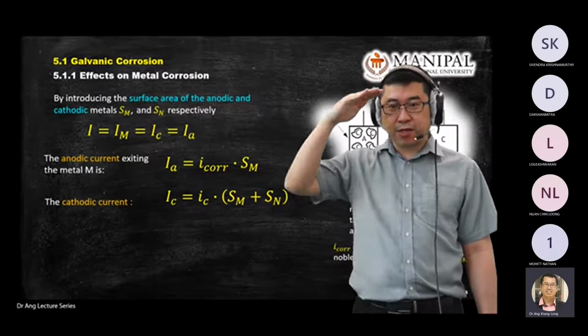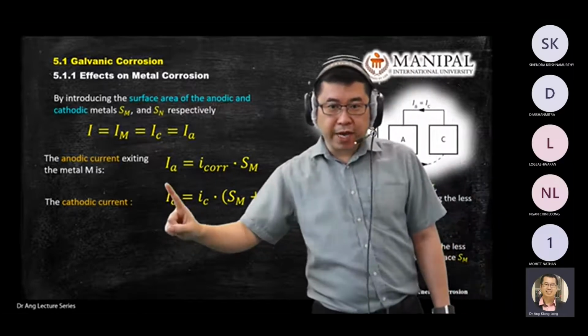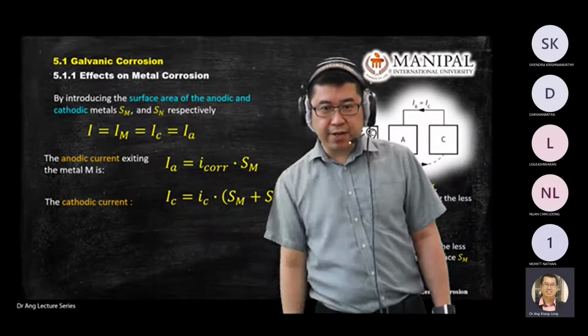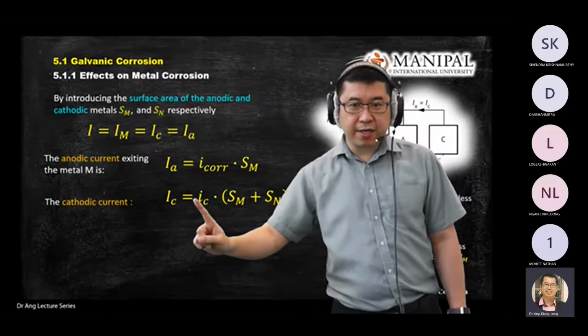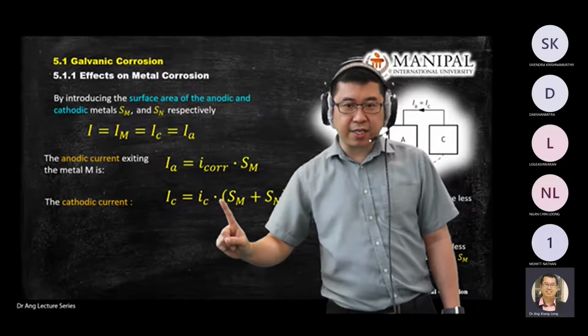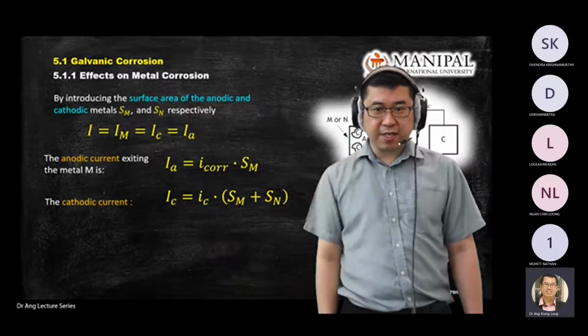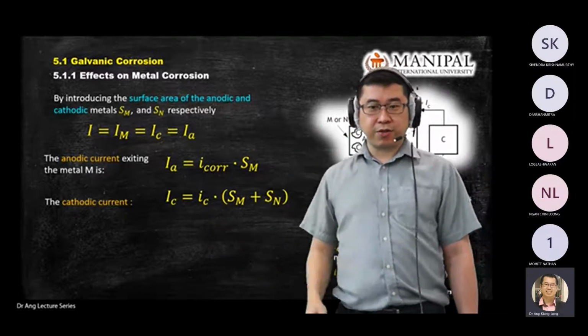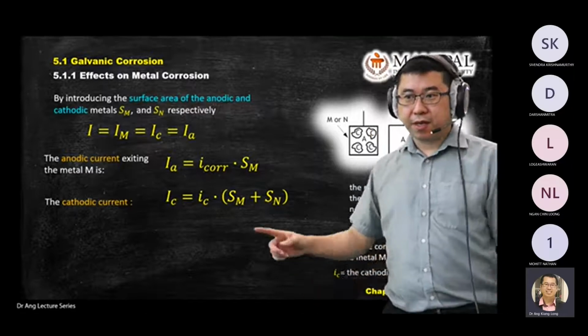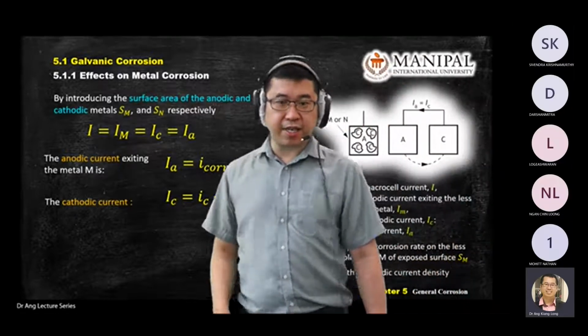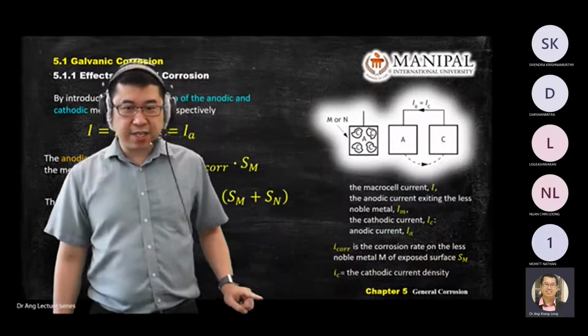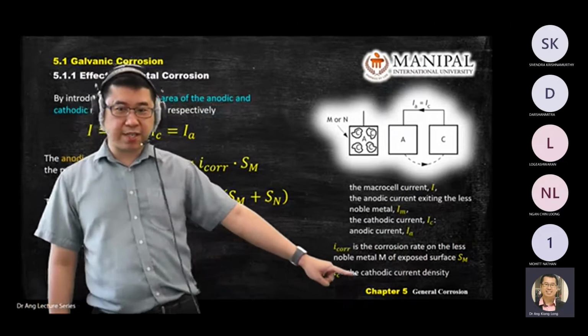The higher noble is the cathode. So capital I represents current. I current equals i C, small i C. Small i C is another thing here: it is the cathodic current density.